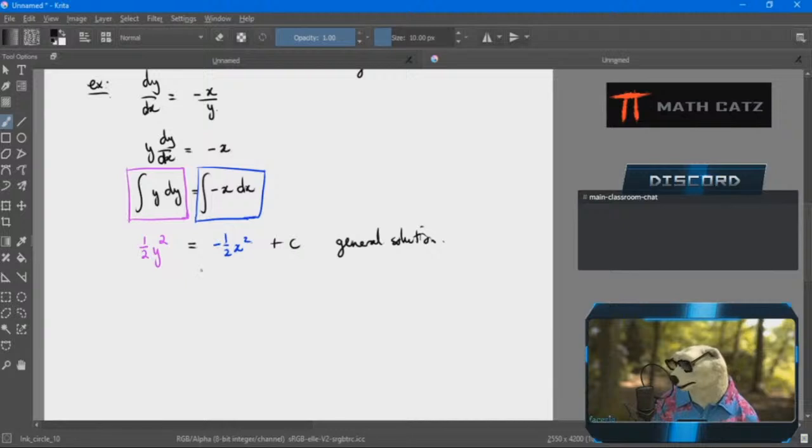Think of a circle and things like that. And how I can verify that this is correct is just by implicit differentiation and simplifying back to the original. So this is just a general solution like before.